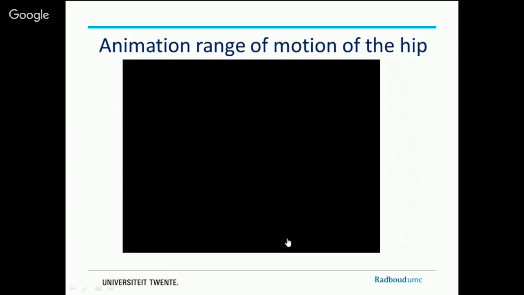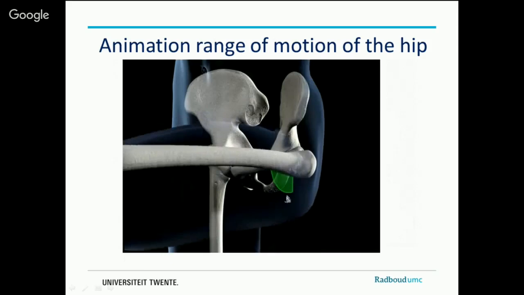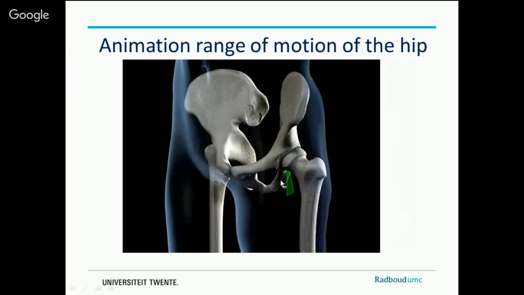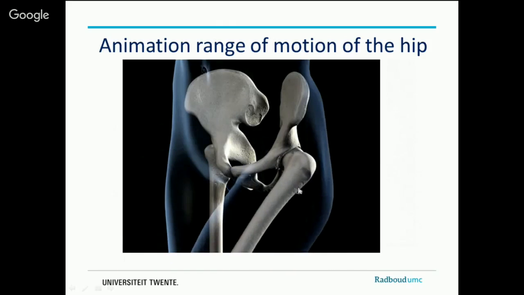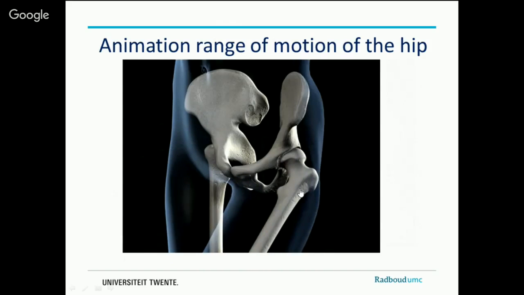I have a movie from YouTube that shows how a physiotherapist or a surgeon will assess this. First, an animation of the range of motion. Here you see flexion, this is extension. This is internal rotation, and this is external rotation.